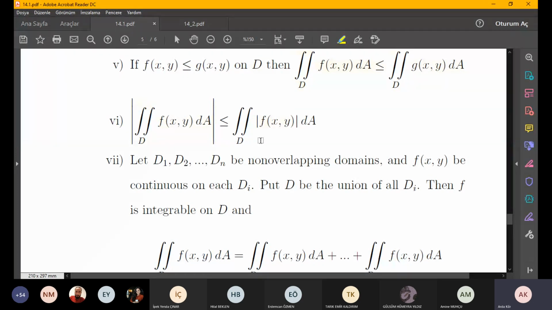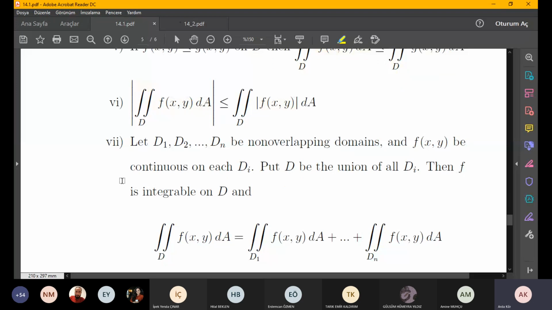And let D1, D2, ..., Dn be non-overlapping domains, which means they don't intersect, and let f(x,y) be continuous on each Di.